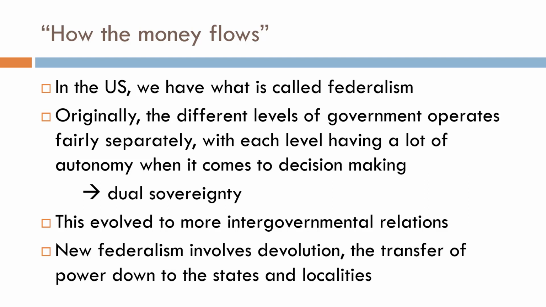That devolution involves the transfer of power from the federal government down to the states and then from the states to the localities. So as I mentioned with that pendulum slide, the new federalism really began under Nixon and Reagan and was solidified to some degree under Clinton in terms of giving more and more authority to the states.